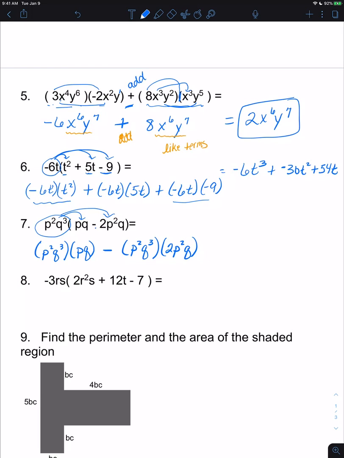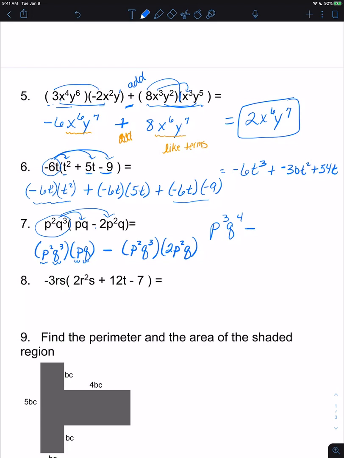Remember, you can only multiply p's times p's, so p squared times p makes p cubed. q cubed times q is q to the 4th. So there's that first term multiplied out.